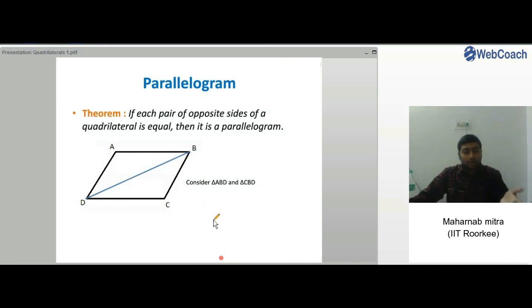And again we use similar procedures, but here we use some different criteria. We consider the same two triangles, triangle ABD and triangle CBD. Now we are given the sides are equal, right? Opposite sides are equal. So AB equals CD, which is given, and also AD equals BC, which is also given, and obviously BD is a common side.